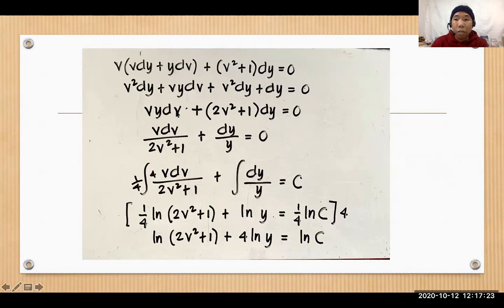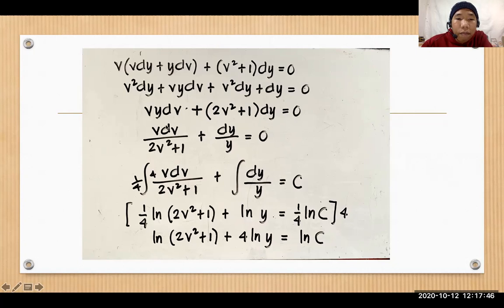And this can now be separated, or you can perform separation of variables. What you need here is a pure function of v, so you remove y by dividing the entire equation by y. And what you need here is a pure function of y, so you divide both sides by 2v squared plus 1.